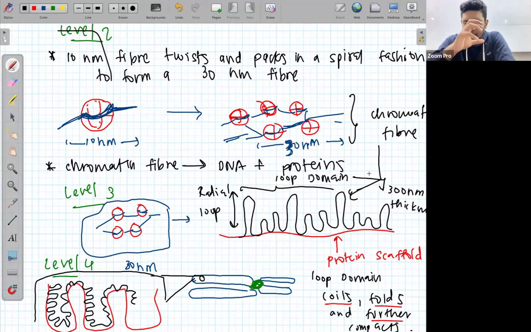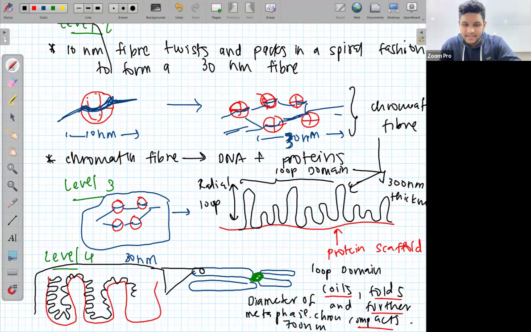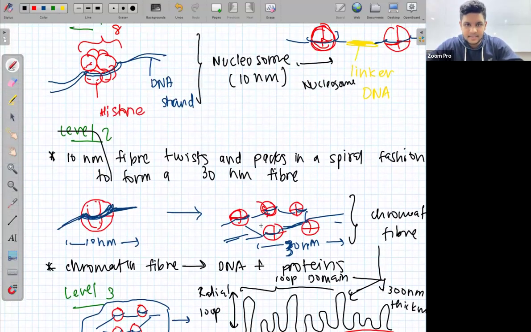The diameter of the metaphase chromosome is 700 nanometer, so I'll mention that here. It is given in the resource book, but you can connect this with your unit 2 cell division knowledge. This is the complete thing.